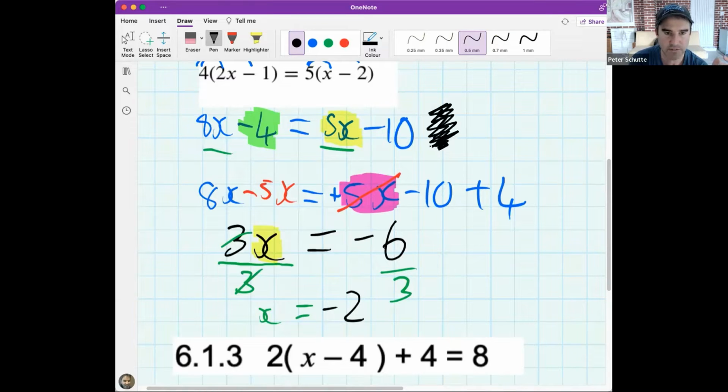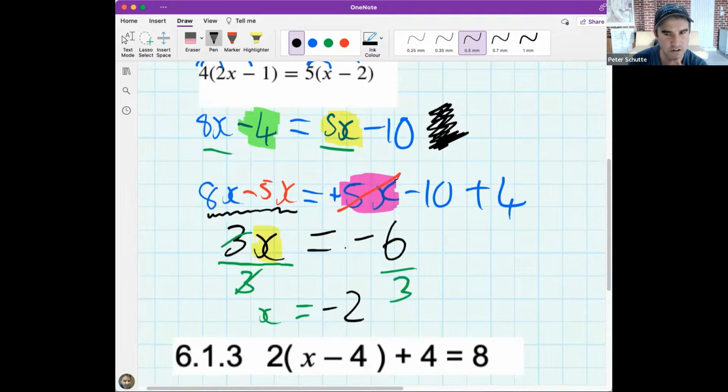Now, if I take away 5x on this side, I'm basically just crossing out the 5x that's already there. But then, in order to balance the equation, I have to also take away 5x on the other side. So I'm doing it in one step. All I'm doing really is taking away 5x from both sides. Now, once I do that, I realize 8x minus 5x is just going to give me the 3x below.